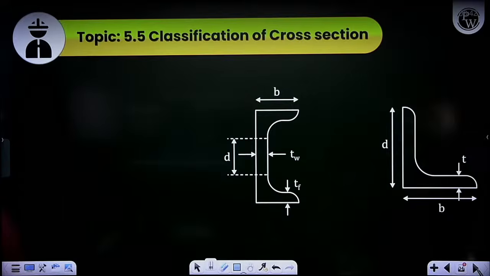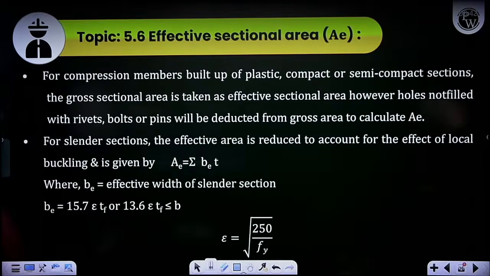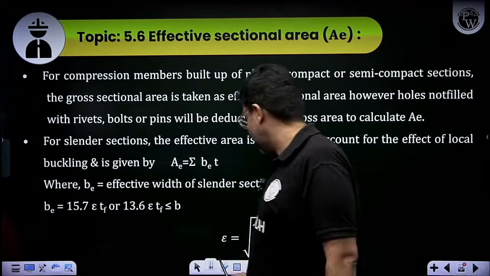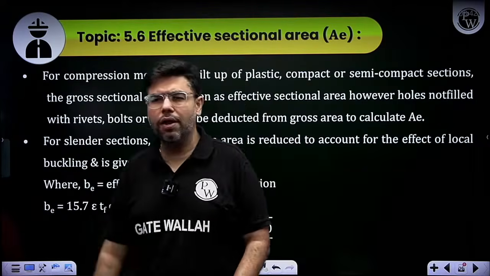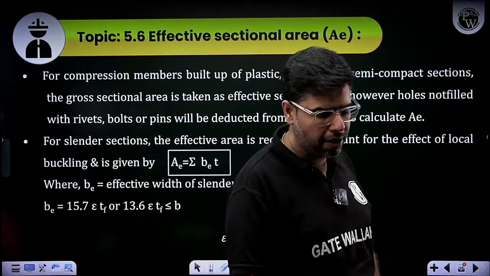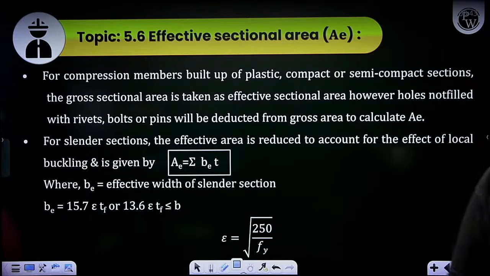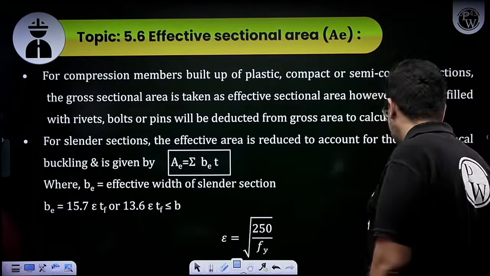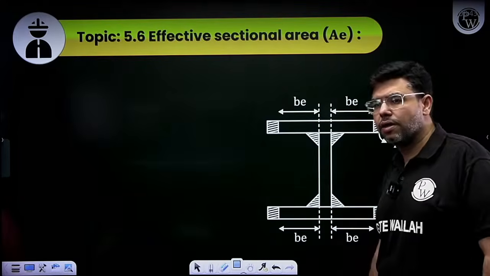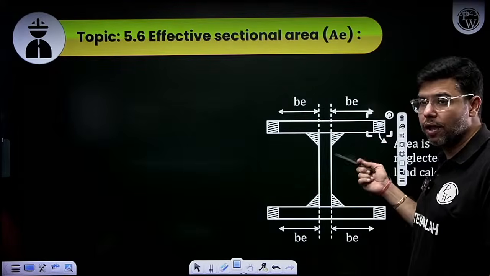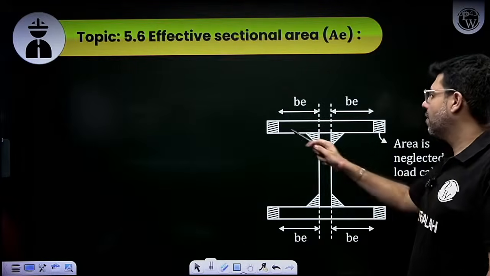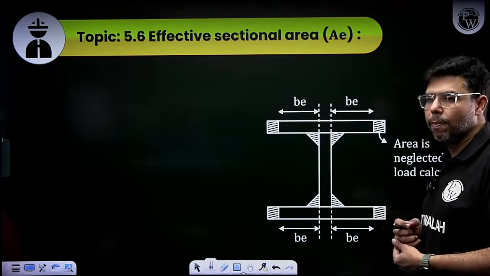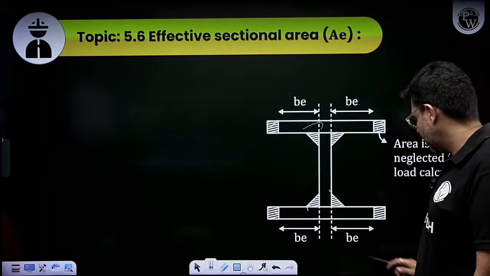Now, let us see beyond this. You can just go through it if you want to. Effective sectional area is summation of B into T. In the case of a compression member, the total area is taken as effective only if the member is compact, semi-compact or plastic, but if the member is slender, in that case you will omit the area in excess of the semi-compact limits, and the remaining area will be taken as the effective area.